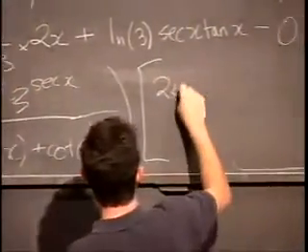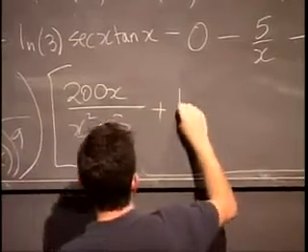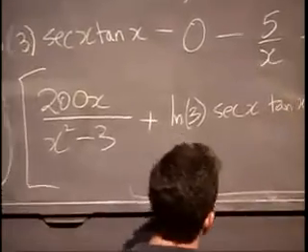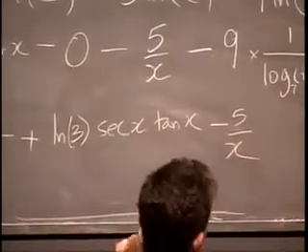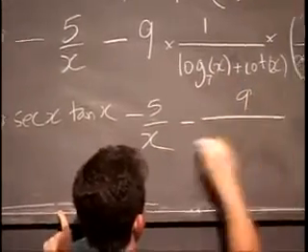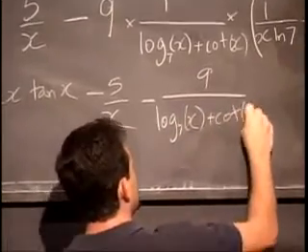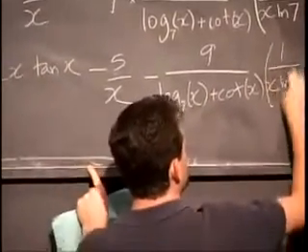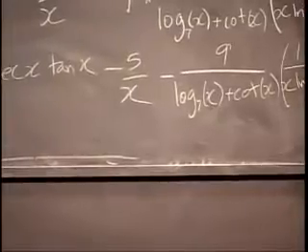I'll write this as 200x over x squared minus 3 plus log 3 secant x tan x minus 5 over x minus 9 over... Oh, here it is again. I'm sick of writing log x base 7, but I have to, or else you won't respect me. Oh, there we go. Well, there should be a square bracket here, I guess.